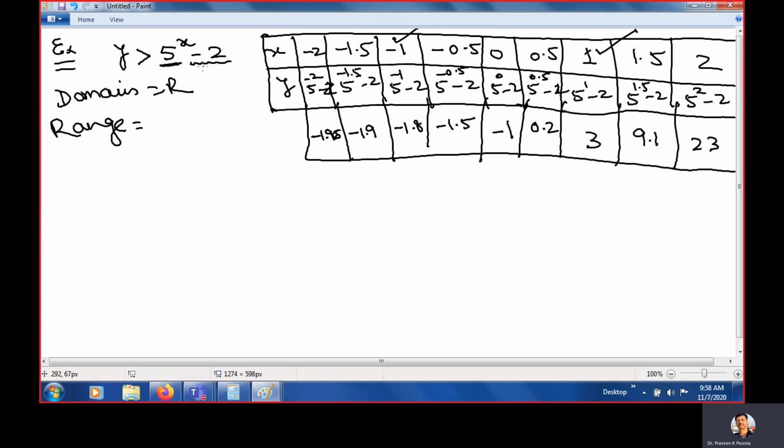In the previous question the range was R positive, 0 to infinity, but here the range starts from minus 2. So the range is minus 2 to infinity. Please remember this. And one more thing, y will not be equal to minus 2. It will be greater than minus 2. Clear?